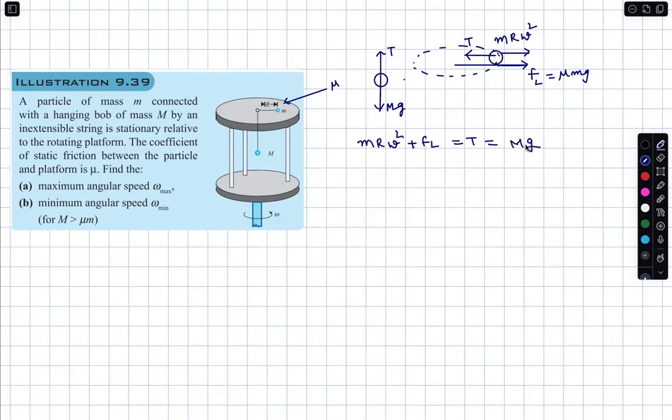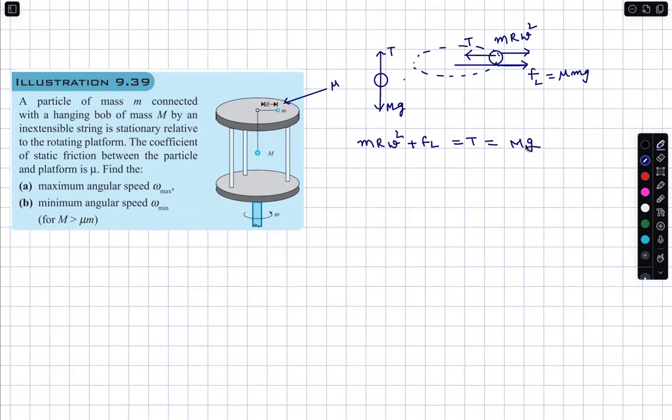What happens? The pseudo force keeps increasing. Static friction, being self-adjusting, keeps decreasing in magnitude. At some point, m r omega square becomes equal to mg.